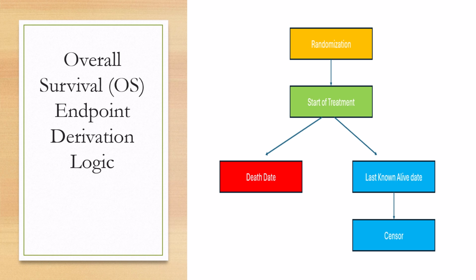However, if the date of death or last known alive date is missing or unavailable, the OS time may be flagged as missing. If the randomization or the first dose date is missing, the OS calculation should be flagged as missing for that subject as well.